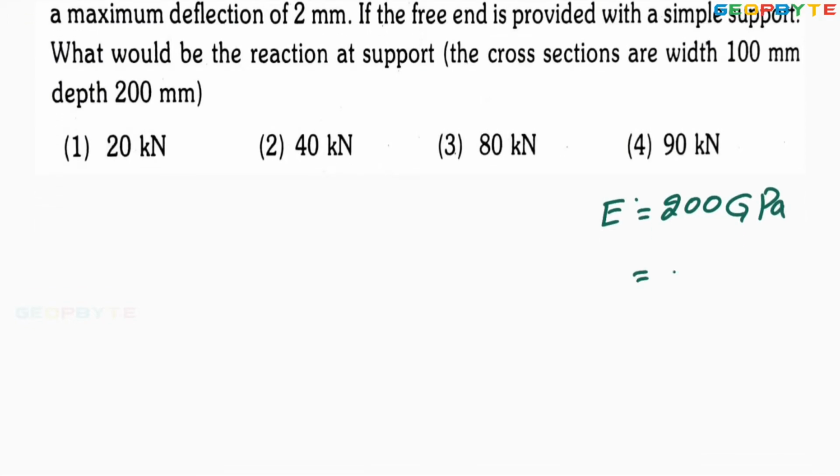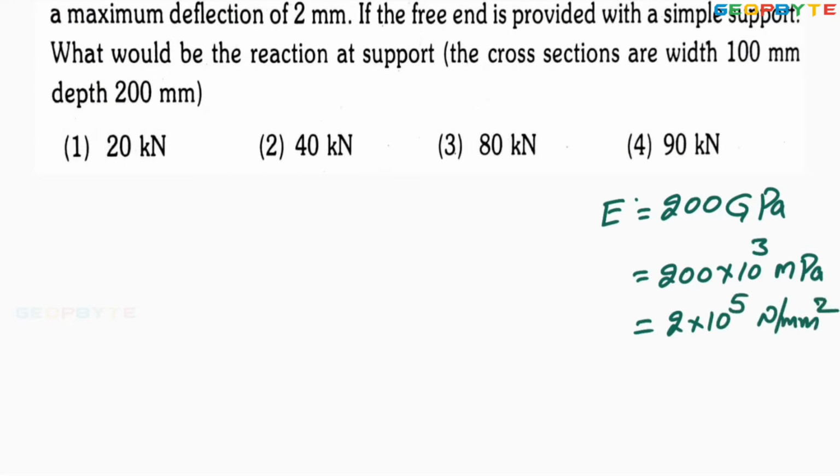It can also be written as 200 into 10 power 3 megapascal. The same value I can write as Newton per mm square. So it is 2 into 10 power 5 Newton per millimeter square.